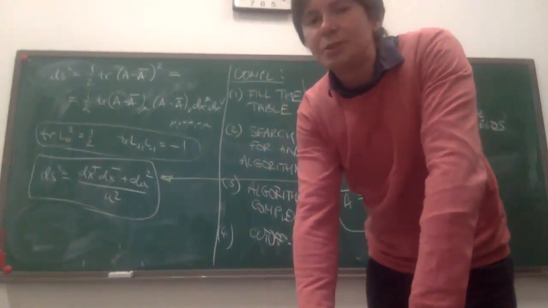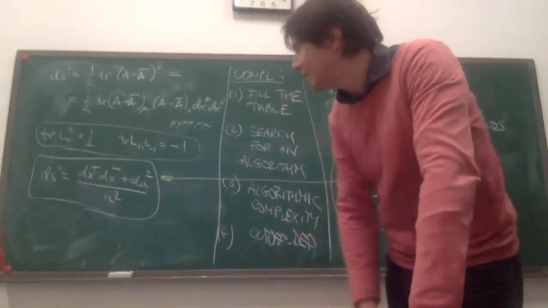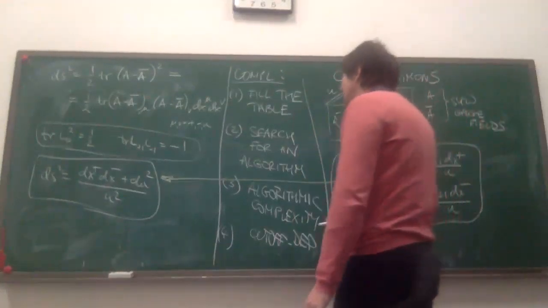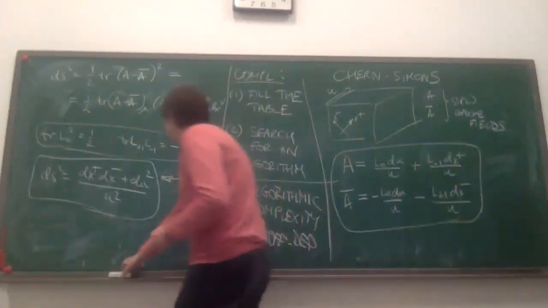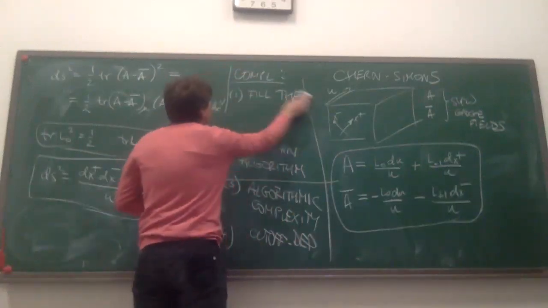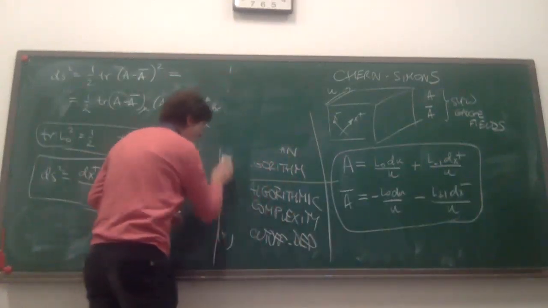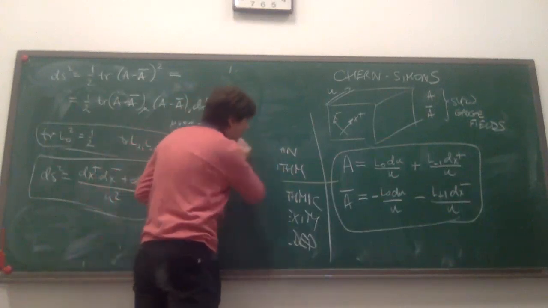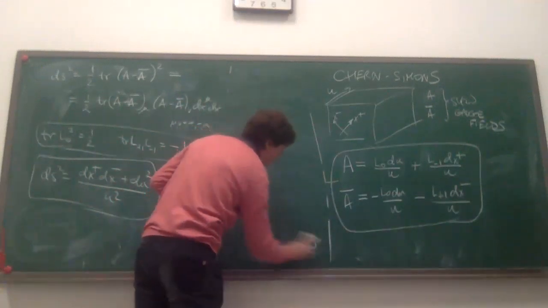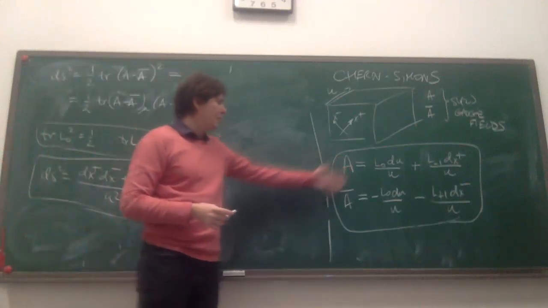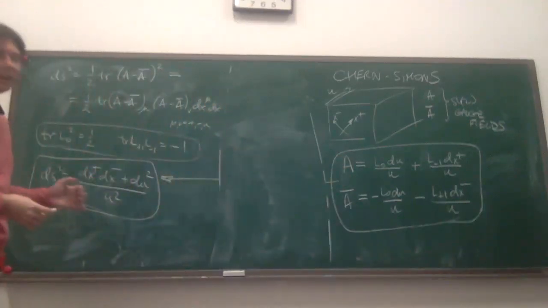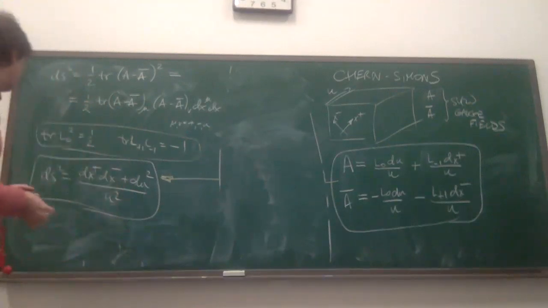So I need to tell you two more things about this gauge field. One of them is that, so far I just told you that if I choose some A and A bar, then I will get some metric. So is it going to be an arbitrary metric?